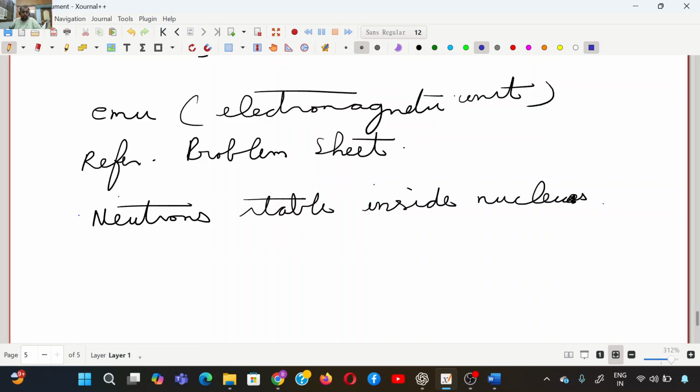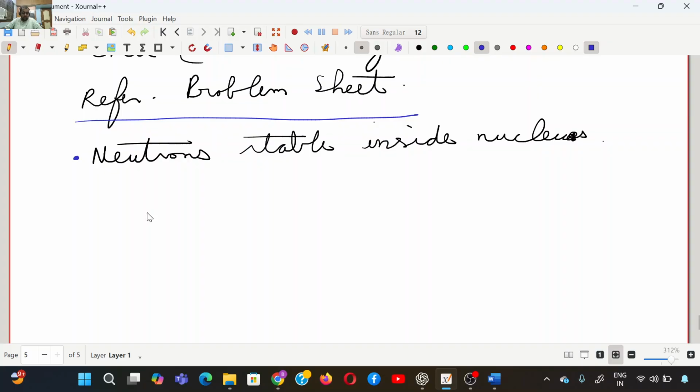Another fact is that free neutrons, that is the neutrons outside the nucleus, have a half-life of 14 minutes, and they decay into proton, electron, and antineutrino. Not necessary all these details. Just know that only inside the nucleus is stable.